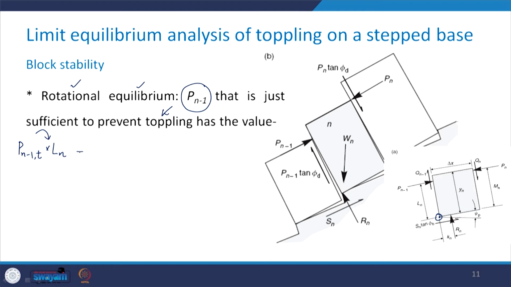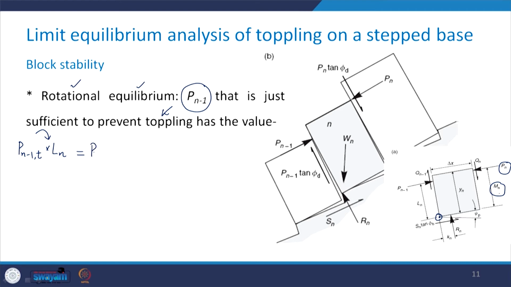This is going to be equal to, see this Pn is there and it is acting at this distance of mn, and when it creates the rotation, it is going to be Pn into mn and it will be in the anticlockwise direction.